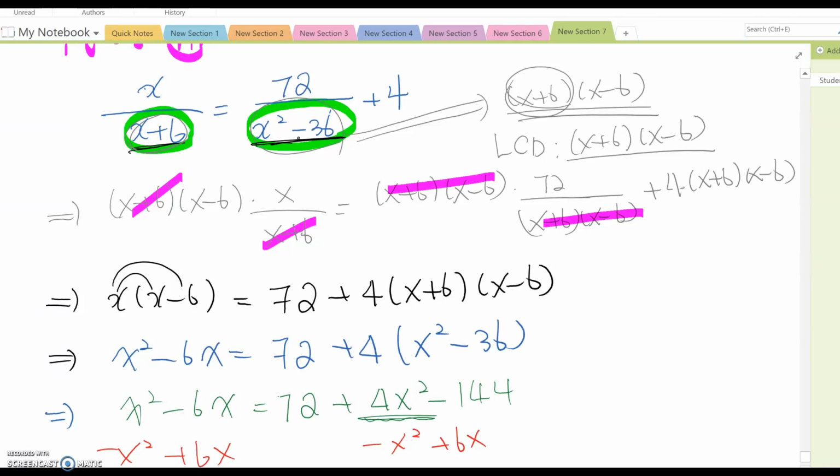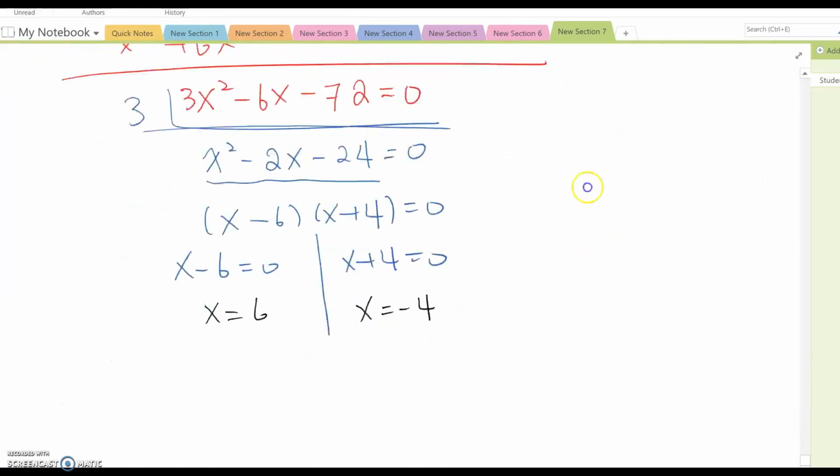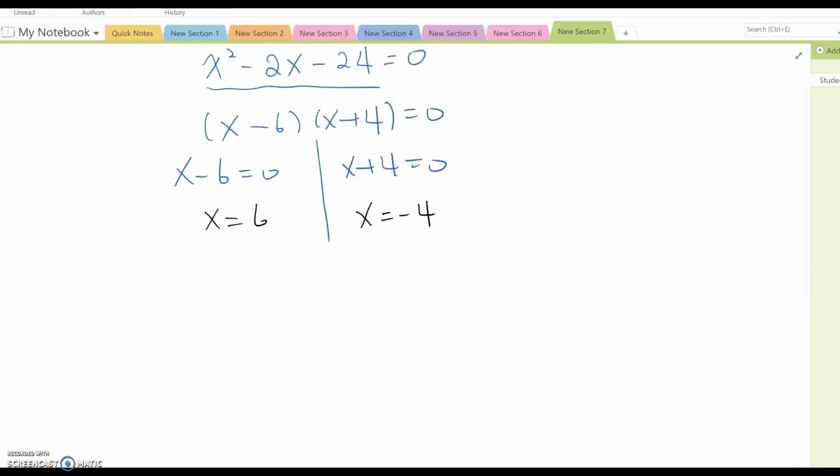We confirmed that this factor becomes x plus 6 and x minus 6 here. You plug 6 into here, then this is going to be 0. So this fraction becomes undefined. So unfortunately, 6 cannot be the answer. Therefore, our final answer is x equal to negative 4. That is the only answer.